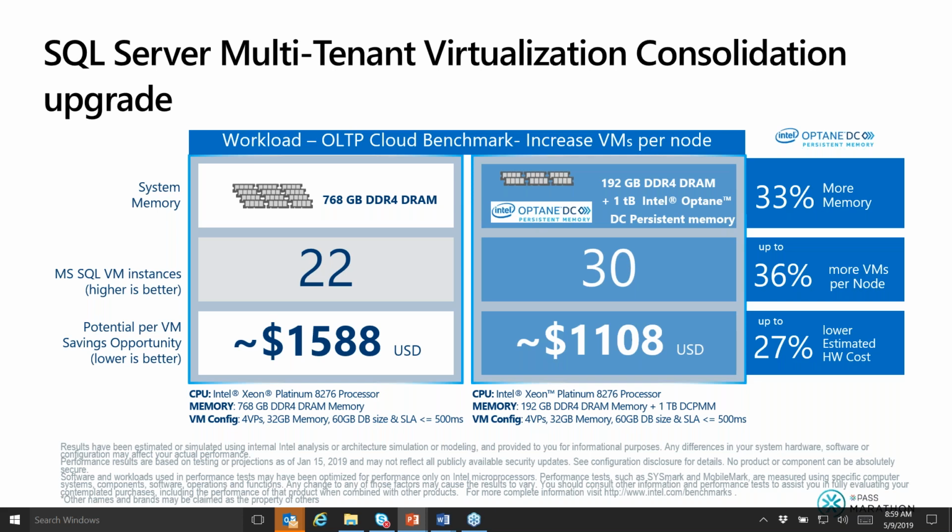Why is that important? Because many of you are deploying multi-tenant virtualization and consolidation as part of your efforts. We took a workload, the OLTP Cloud Benchmark, and we were able to deliver 27% hardware cost performance optimizations by going to our new memory architecture while increasing the amount of available memory and VM capabilities, with less than 500 microsecond latencies.